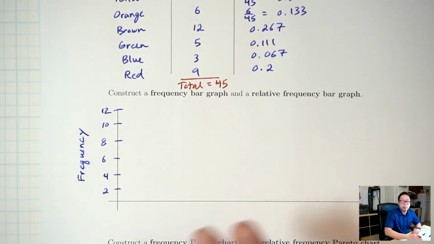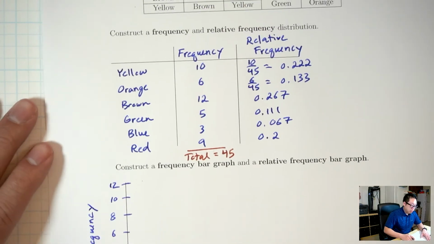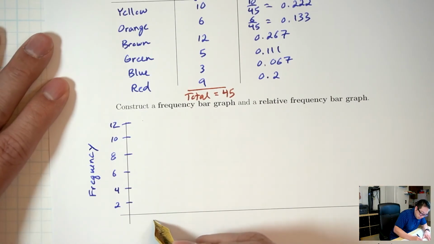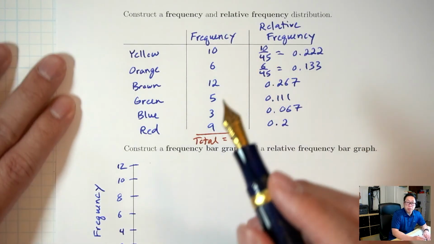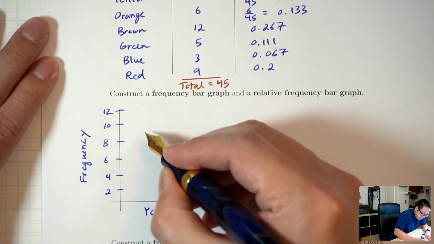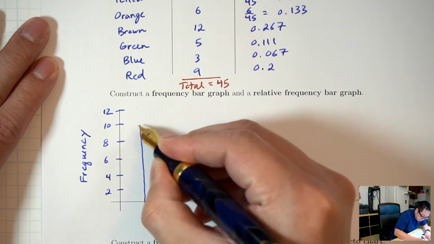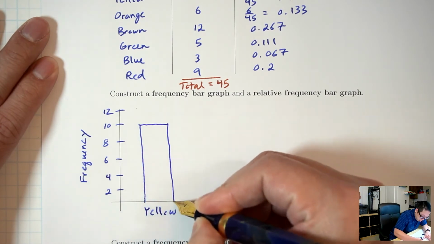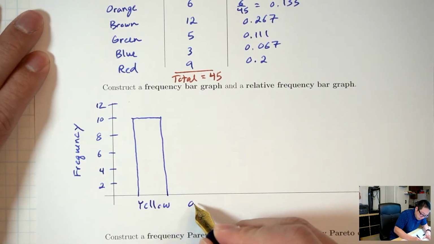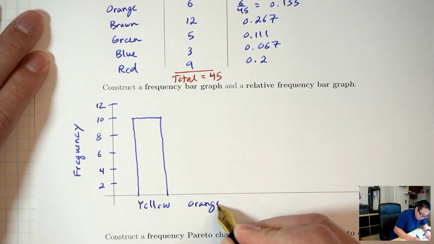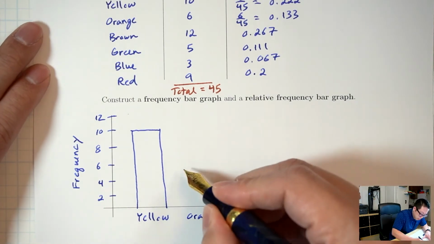And I'm going to represent my frequencies using bars. For yellow, frequency is 10, so I should have a bar of height 10. Orange should have height 6.